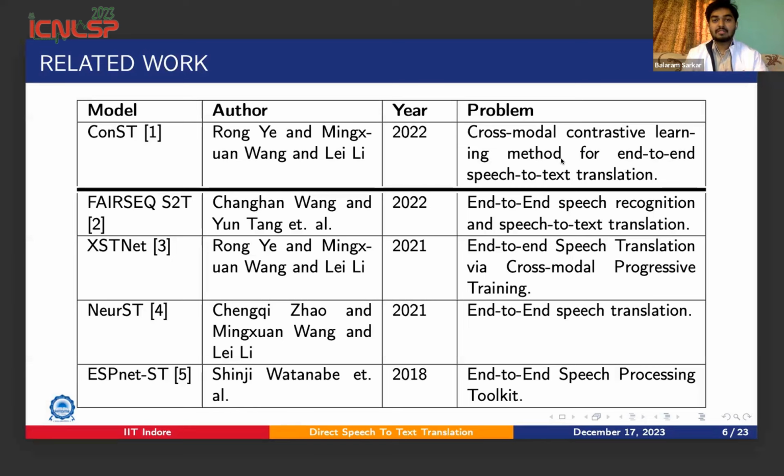The modality gap that I've been talking about is addressed in the first paper on ST, which is the cross-modal contrastive learning method, which is being used for bridging the modality gap also. And we'll be talking about the advantages of our method with regard to this one.